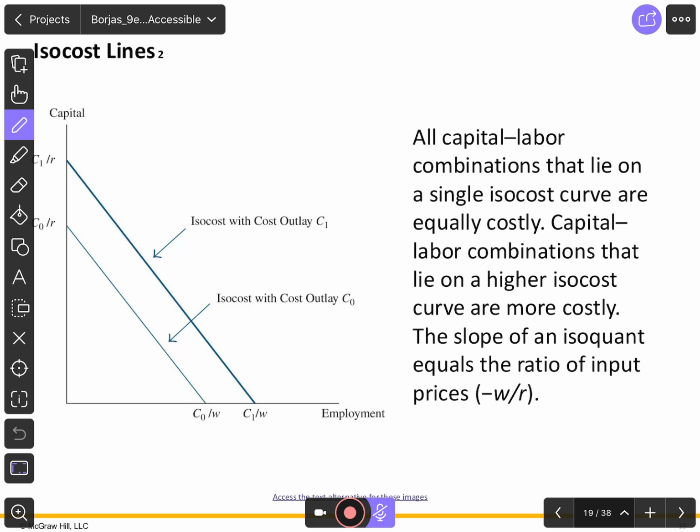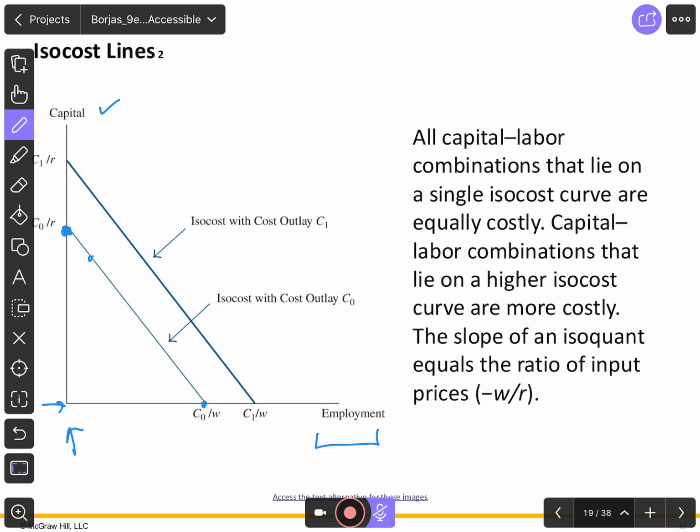So we have employment, we have capital, we have different combinations of workers and capital. Here you are paying just for workers because you have zero capital, or you have zero workers and all the cost is coming from the capital.